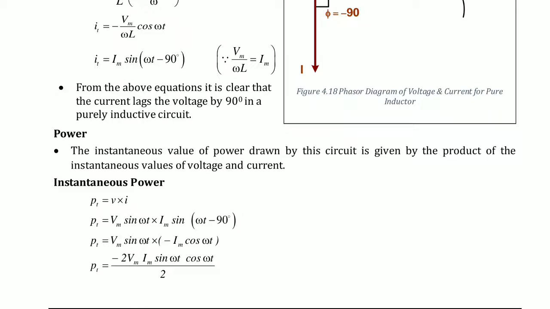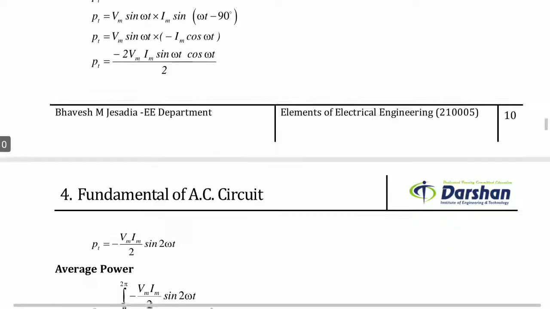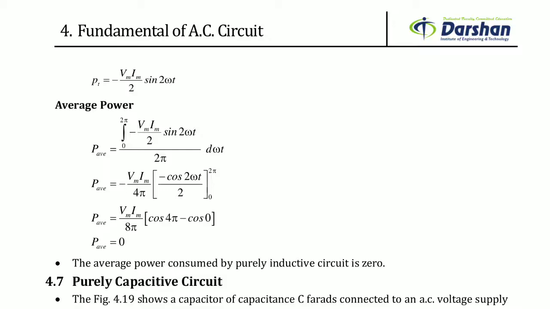Here Vm Im are constant values. Now 2 sin omega t cos omega t is nothing but sin 2 omega t.